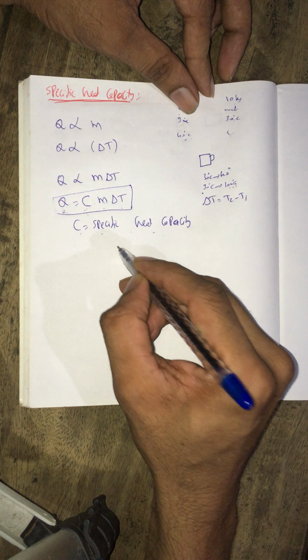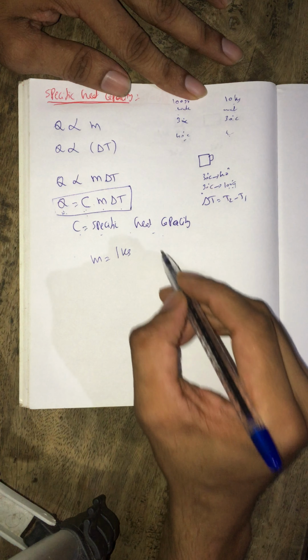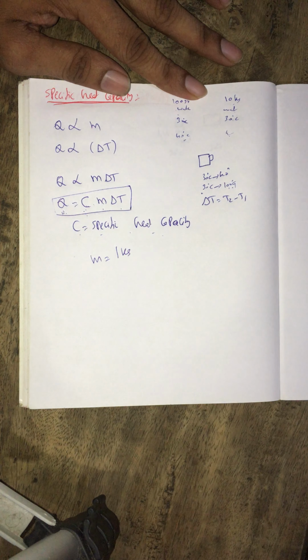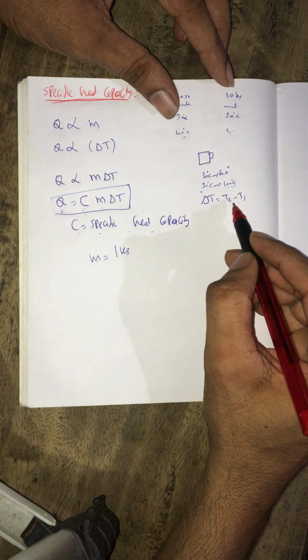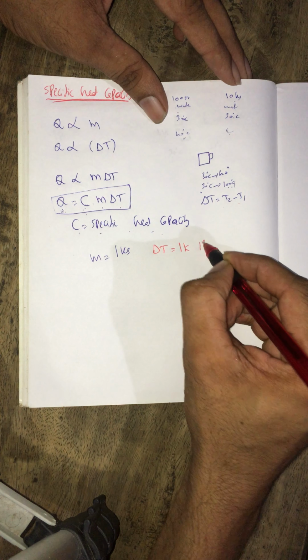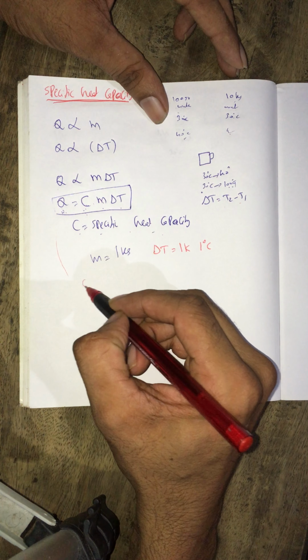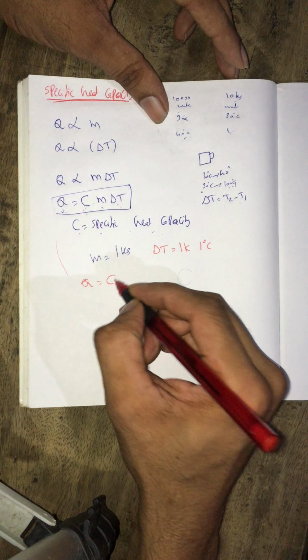If I take 1 kilogram of substance, m is going to be 1 kilogram. And if I want to change the temperature by 1 Kelvin or 1 degree Celsius, the difference in temperature, whether in degrees Celsius or Kelvin, is the same. So delta T is equal to 1 Kelvin or 1 degree Celsius. Now I can use this equation: Q is equal to m is 1, delta T is 1, so Q is equal to C.